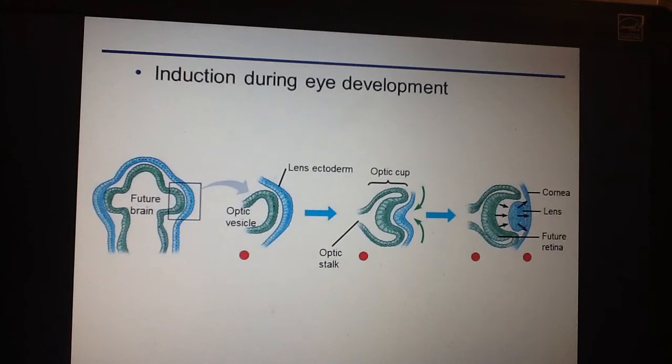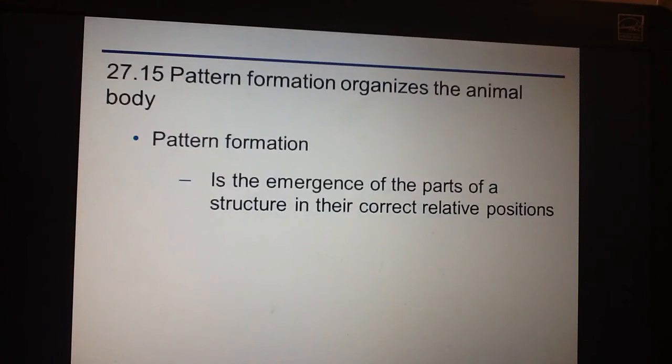Here is the example of your future brain and eye. Some of the cells say, hey, I'm going to become an eye. The cells nearby start to develop correctly. All the cells move, migrate, apoptosis happens, and then you get the proper development of all the parts of an eye structure. So this is how we start to form organs.